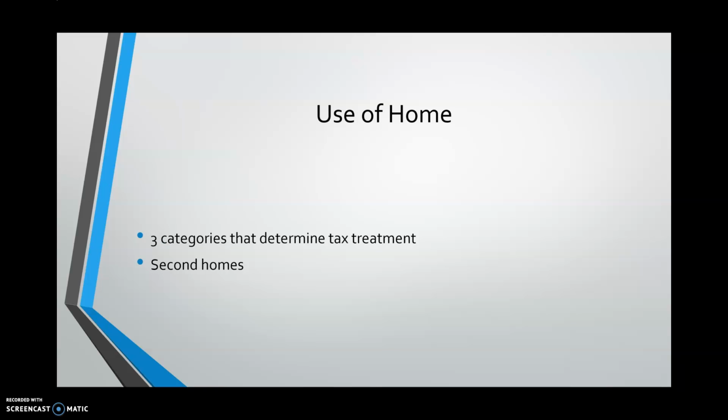For the use of the home, there are 3 categories, which are residents with minimal rental use, so a personal residence, residents with significant rental use, which is a vacation home, and non-residents, which is real property. Based on these, people also can opt in non-tax costs of a second home.